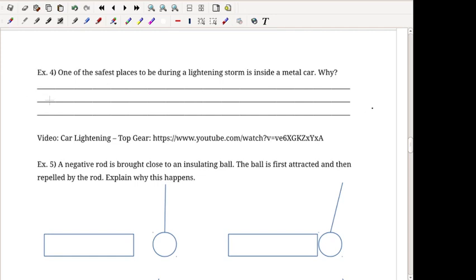But because these electrons are all negative and they're all like charges, they're going to repel each other. So because like charges repel, the electrons all gather on the outside of the car. Which means none of them go towards the middle, none of them go towards where the person is sitting. So the person inside the car is safe.